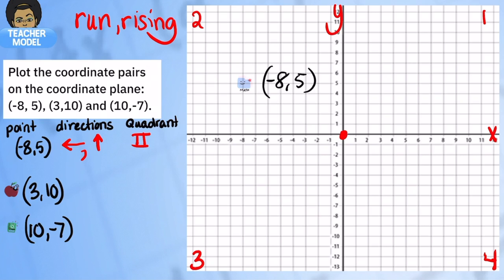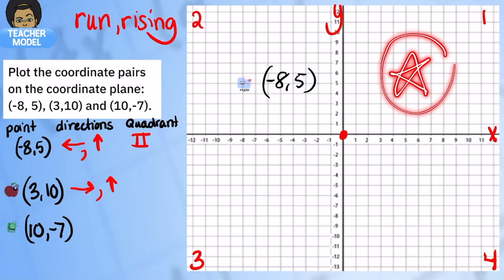So there is our first correctly plotted -8, 5. Let's go to our next one, our little apple. And our apple is at 3, 10, both positive numbers. So +3, meaning you're going to go to the right 3 times and up 10. So again, in your mind's eye, if you're starting here, go to the right and up, and that will lead you right here in quadrant 1.